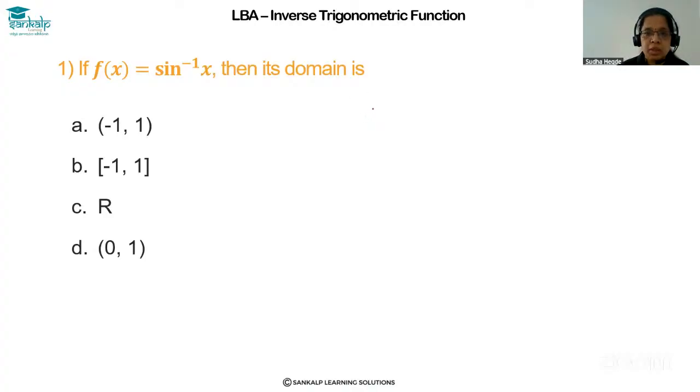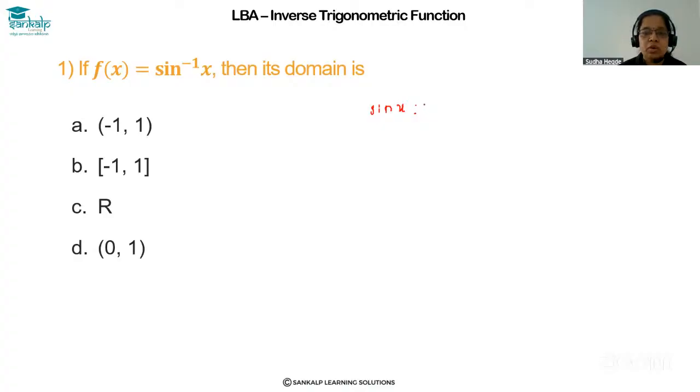In PU1 you have learned sine x. We have restricted the domain to have a bijective function. If a function is bijective, then only it is invertible. So to have a bijective function, we have to restrict the domain.